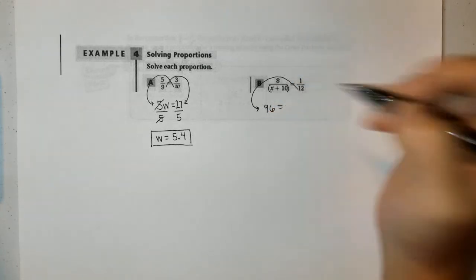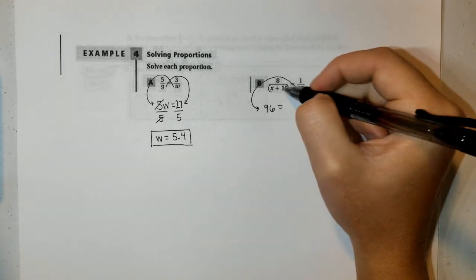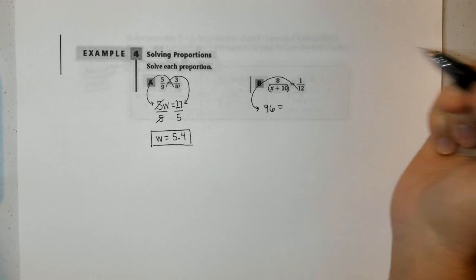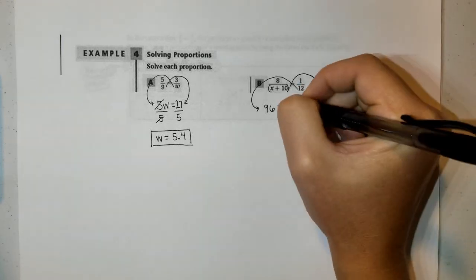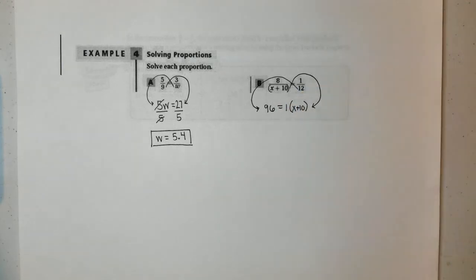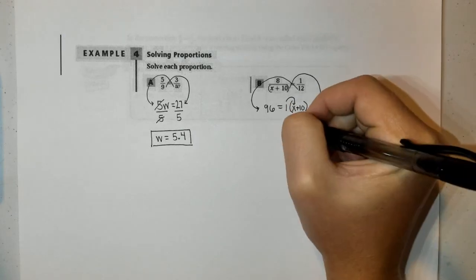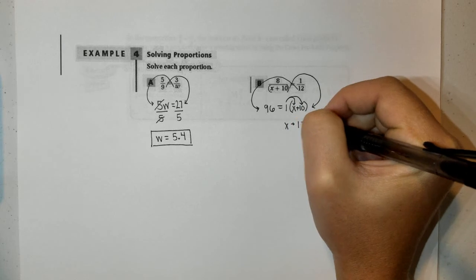Whenever you have a quantity, you want to think of it in terms of being in parentheses, because whatever this is, we're going to multiply the whole thing by 1. So here we're going to have 1 times the quantity x plus 10. Okay, and then we would distribute. So 1 times x is 1x plus 1 times 10 gives me 10.